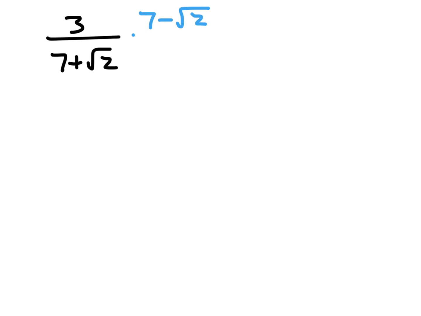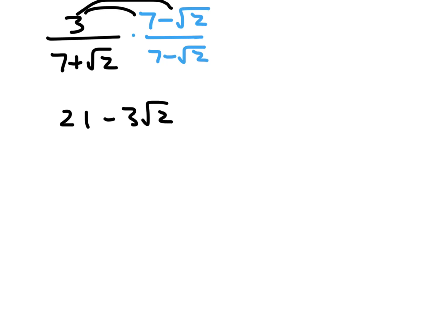All right, so this time let's try 3 over 7 plus the square root of 2. Now it's of that other form, so I have to multiply by the conjugate. I'm going to multiply by 7 minus the square root of 2 over 7 minus the square root of 2. So in the numerator, we have 3 times 7 is 21 minus 3 square roots of 2.